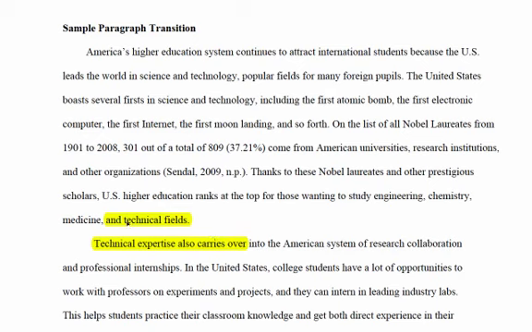And here, this student shifted from technical fields to technical expertise also carries over into the American system of research collaboration and professional internships. The writer is telling me, as the audience, here's what you need to keep in mind: technical fields, technical expertise. Good transitions are like entry and exit ramps on a freeway.